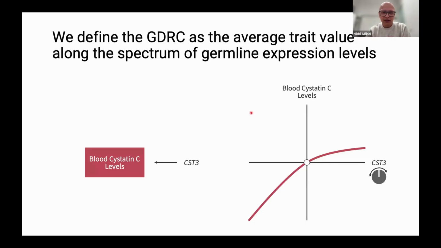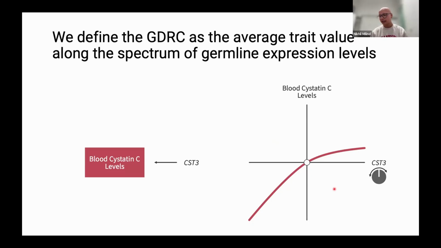On the other hand, you could imagine if a curve had a negative relationship like this, it would be a repressor of sorts. We also see the quintessential buffering pattern here. You can imagine that blood cystatin C levels maybe can tolerate too much CST3 transcript, but maybe it's very hard to deal with the loss of function, right? So you can see that buffering in this shape.